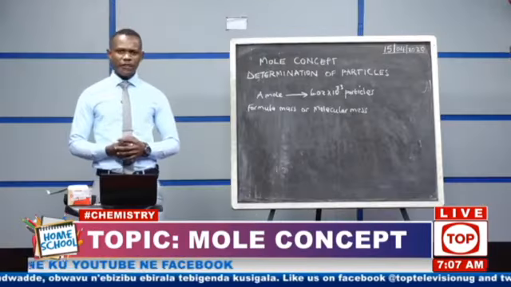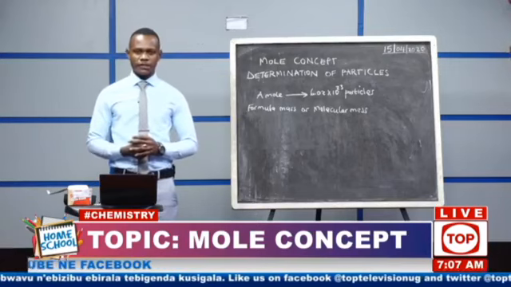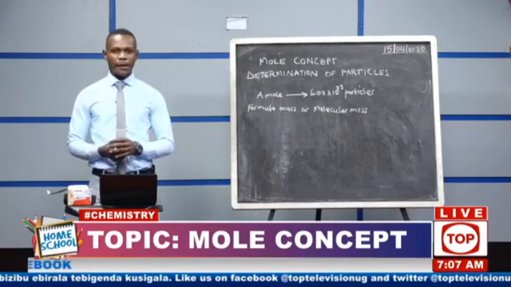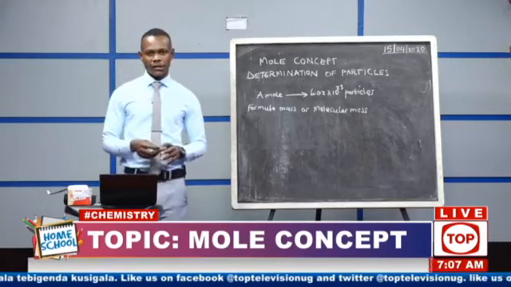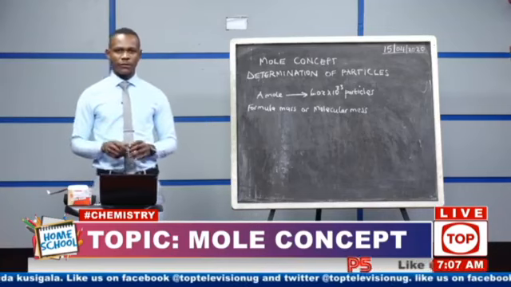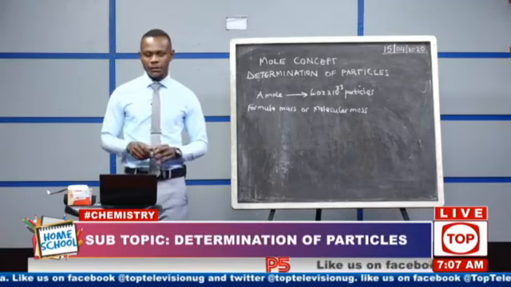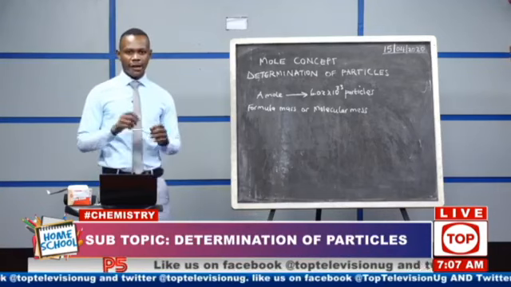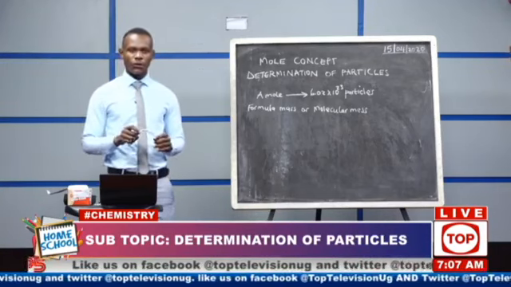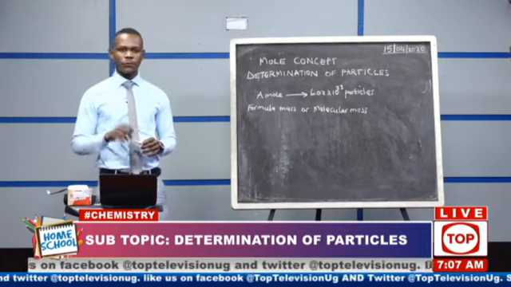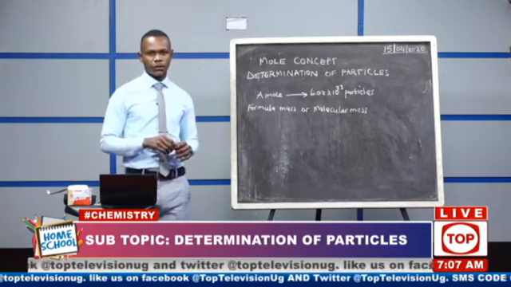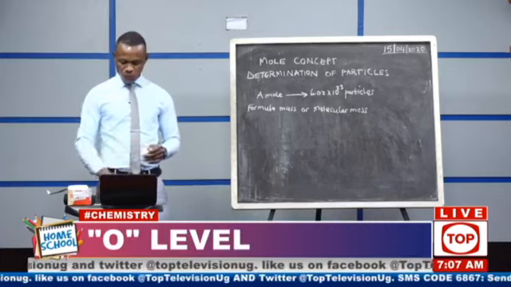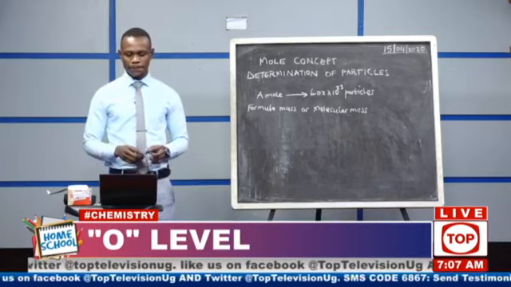Today we're going to have one major objective: by the time this lesson ends, make sure you are able to determine the number of particles from a given mass or from given moles.